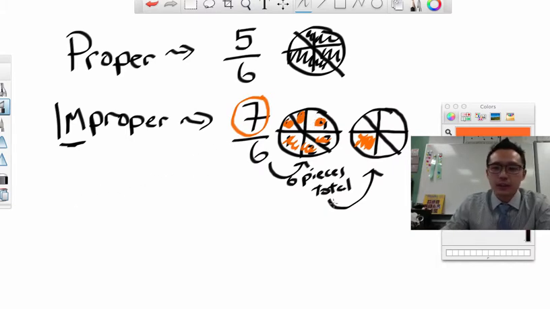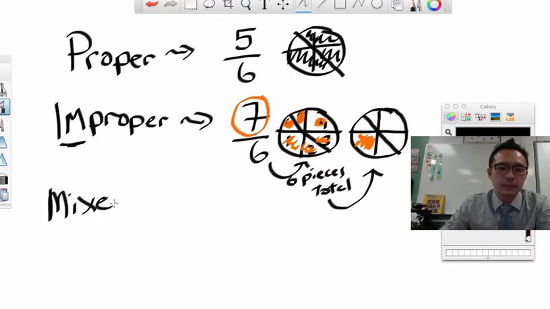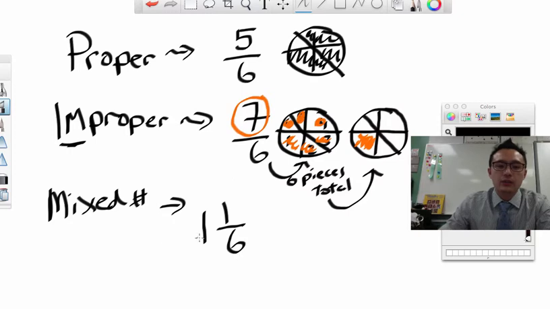Another way to write fractions is something called a mixed number. This is when you have a whole number, 1 or anything, and a fraction. So you have a whole integer and a fraction.